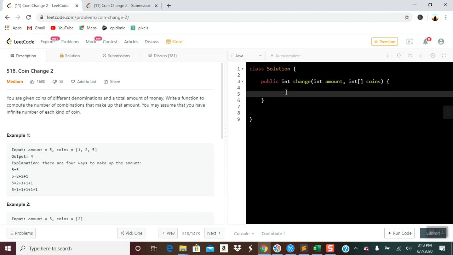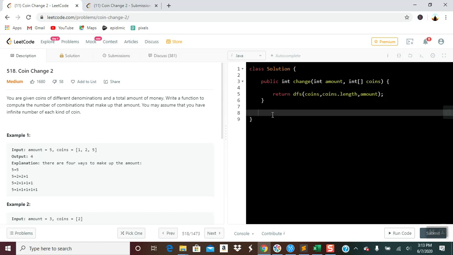So let's do that. Let me write one recursive solution, which is DFS. Let's see the brute force algorithm first, and after that we will see how to do the same thing with dynamic programming. The function takes coins and coins.length, and this will return an integer.